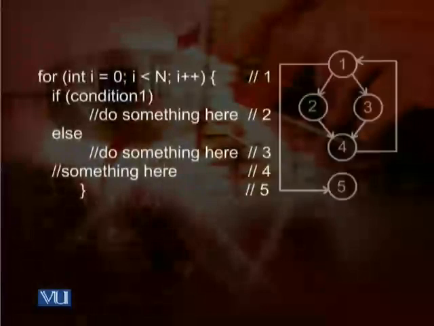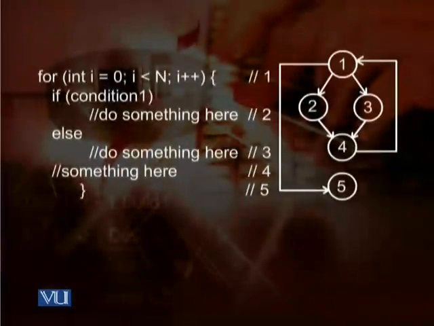Here is a very simple flow graph in which we have a for loop, and inside the for loop there is an if-then-else condition. Nothing very complicated, a very simple program with a for statement and an if statement. There are paths, for example, a path from 1 to 5.